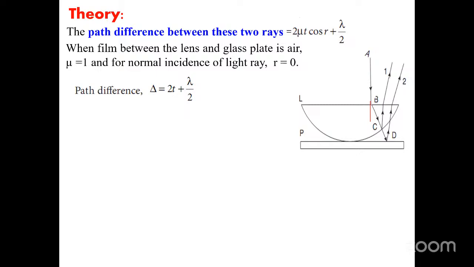So what is the delta value? 2t plus lambda by 2. If it is n lambda, it is bright. If it is (2n plus 1) into lambda by 2, that is dark.